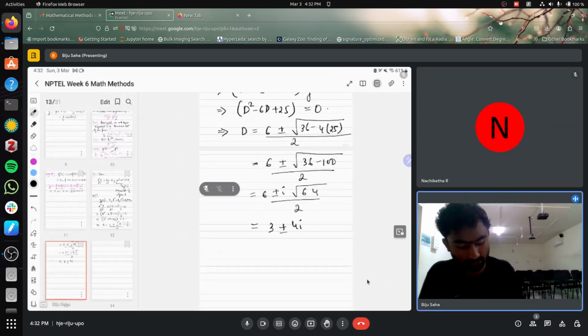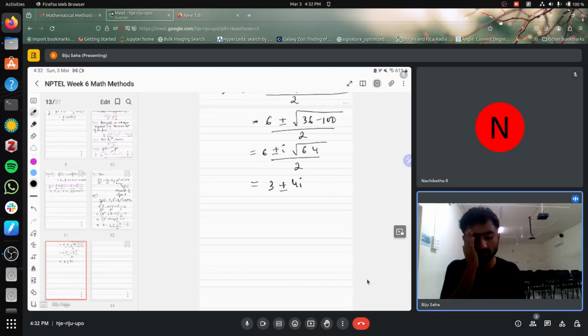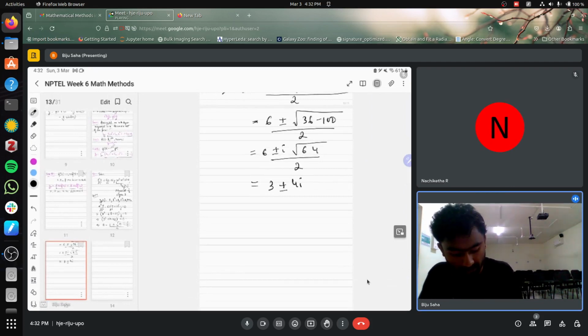These are the roots of the auxiliary equation. They appear in complex conjugate pairs. If they are lambda 1 and lambda 2, the real value of lambda 1 and lambda 2 is 3, and the imaginary value of lambda 1 and lambda 2 is 4.